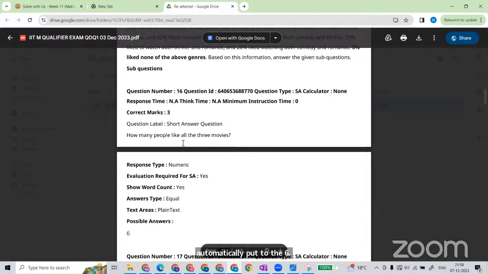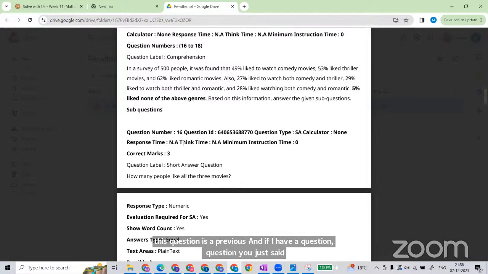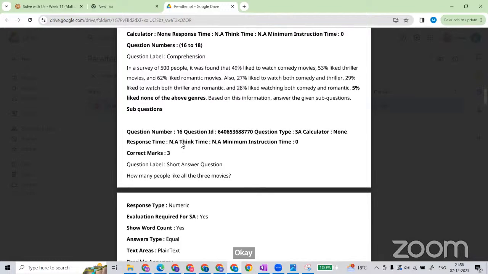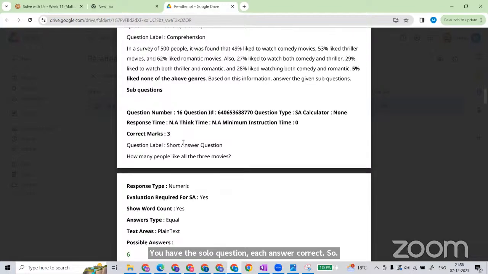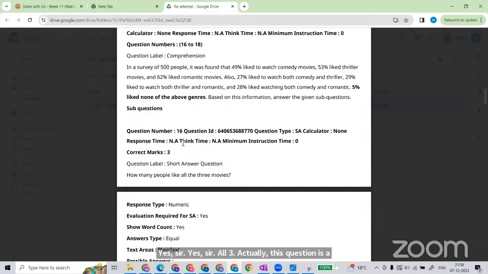Actually, this question is a previous qualifier question. The correct answer is 75. It is asking for all three. This is a previously repeated question, and as per the same question, the correct answer is 75.